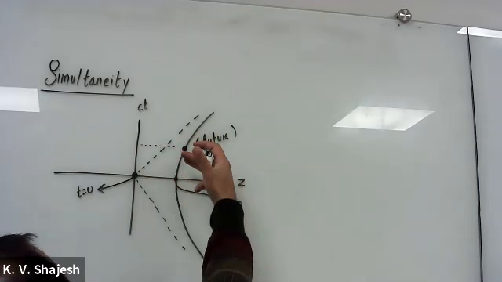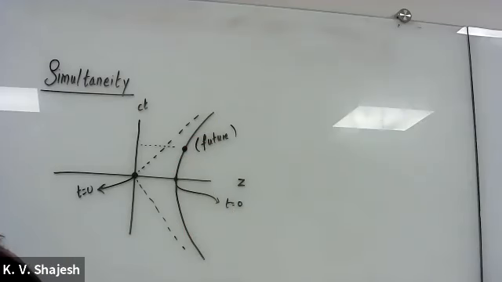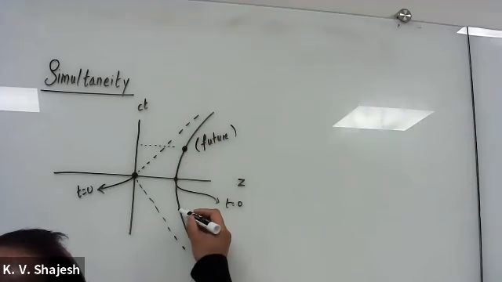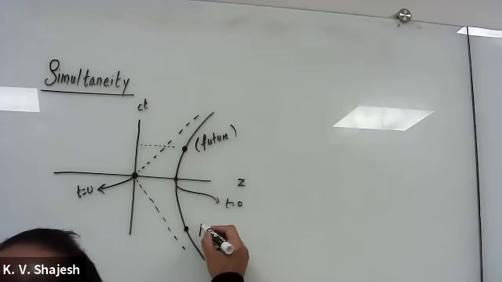If I were to go to another frame, any point on this hyperbola corresponds to an observer seeing this event. So there is another point, let us say here, and that's in the past.